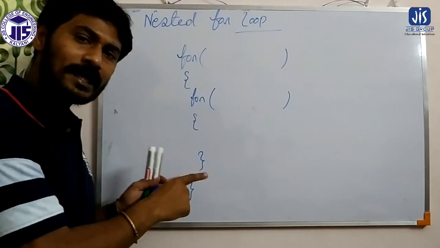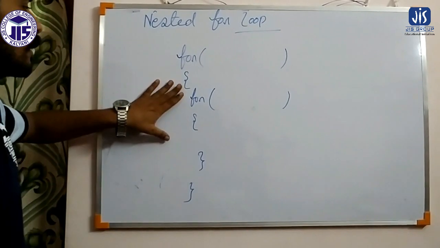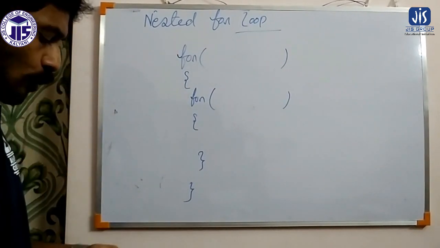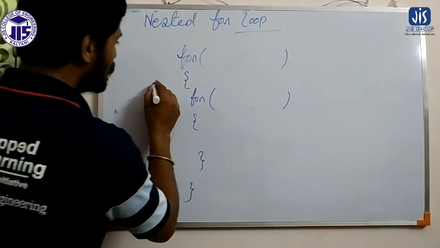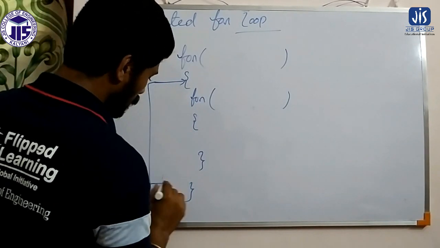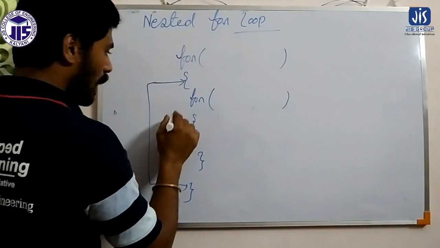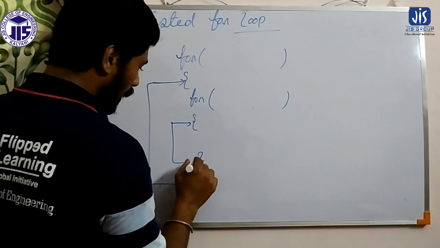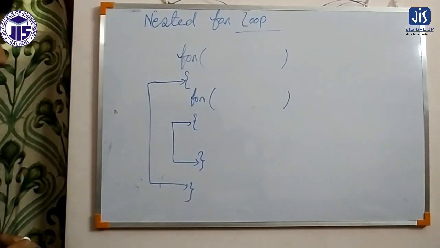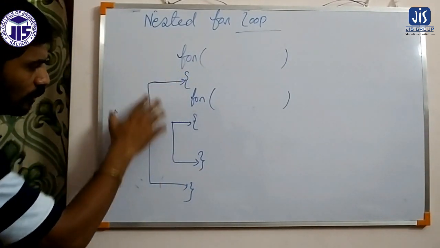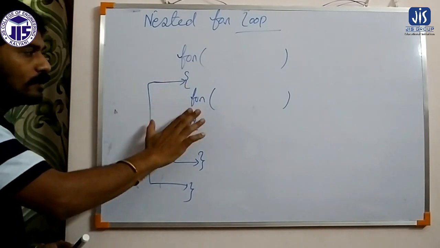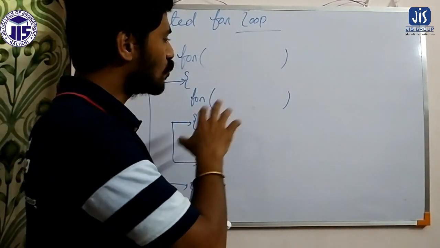So this is basically called nested for loop, where there is a for loop within another for loop. If you can identify, this is the body of this for loop and this is the body of another for loop. So we have a for loop, this is the body. Inside of that body we have used another for loop. So this is called nested for loop.